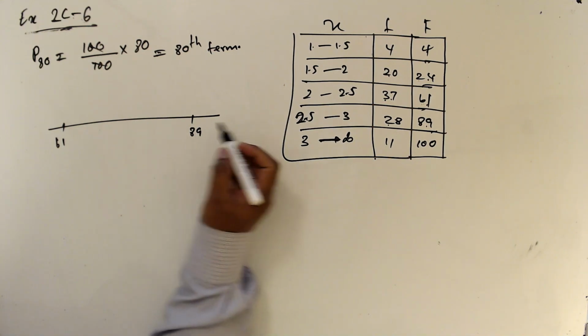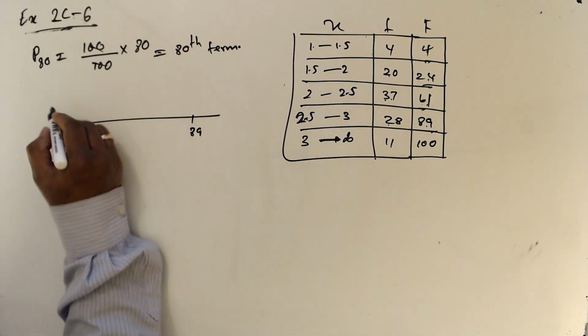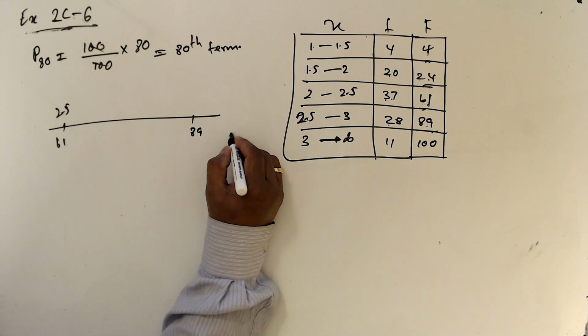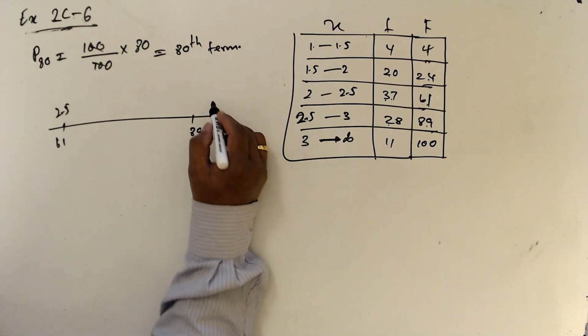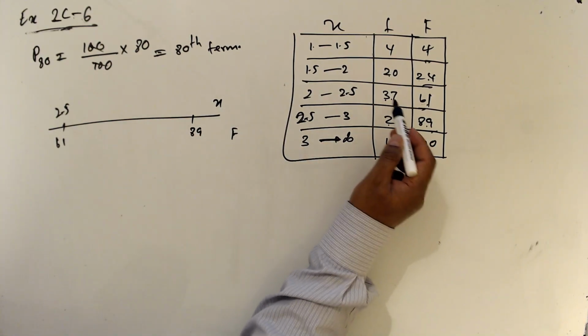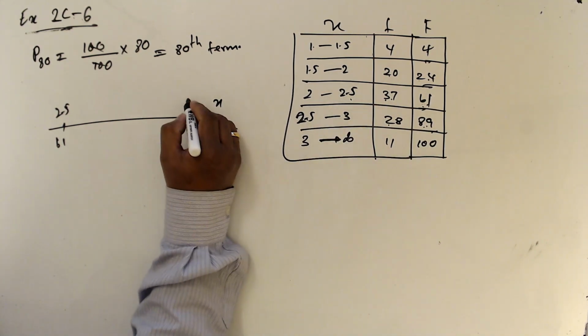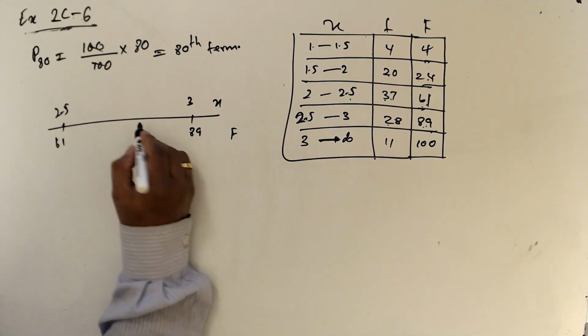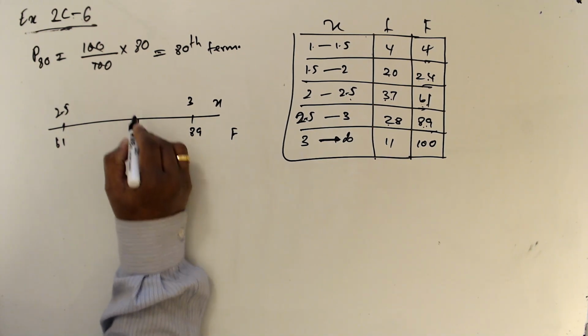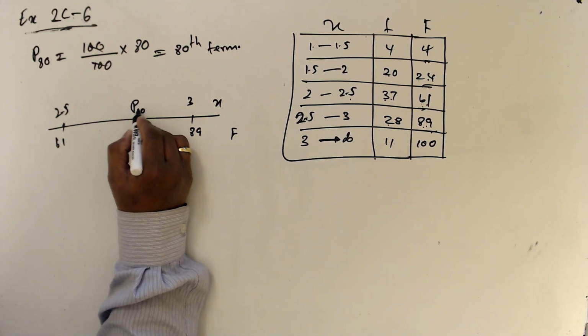The boundaries are 2.5 and 3: 61 corresponds to 2.5 and 89 corresponds to 3. So this is frequency and this is x. I need the 80th one, so this is P80.